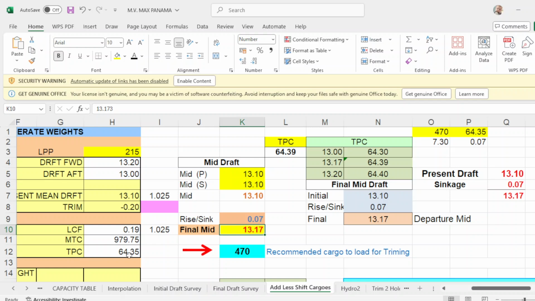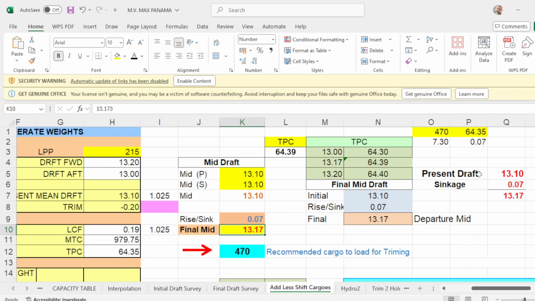And your initial TPC from the initial drop is 64.35. So 470 divided by your TPC of 64.35, that will be 7.3 centimeters. You divide it by 100, that will be 0.07 meters.